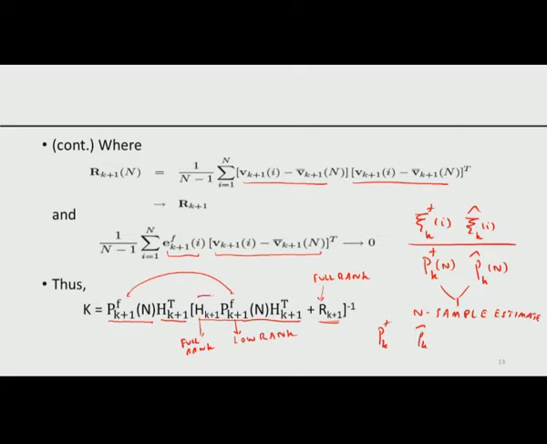So the product is low rank, but I am adding a low rank matrix to a full rank matrix and taking the inverse. Does the inverse exist? Yes. Who guarantees it? The Sherman-Morrison-Woodbury formula. I have a low rank perturbation of a full rank matrix, so this inverse can be shown to exist, and using this I can compute K.